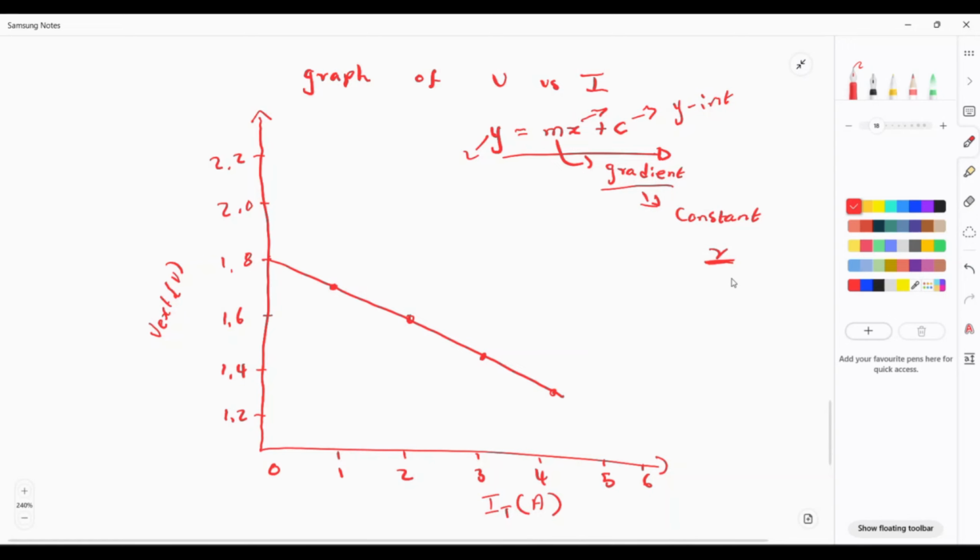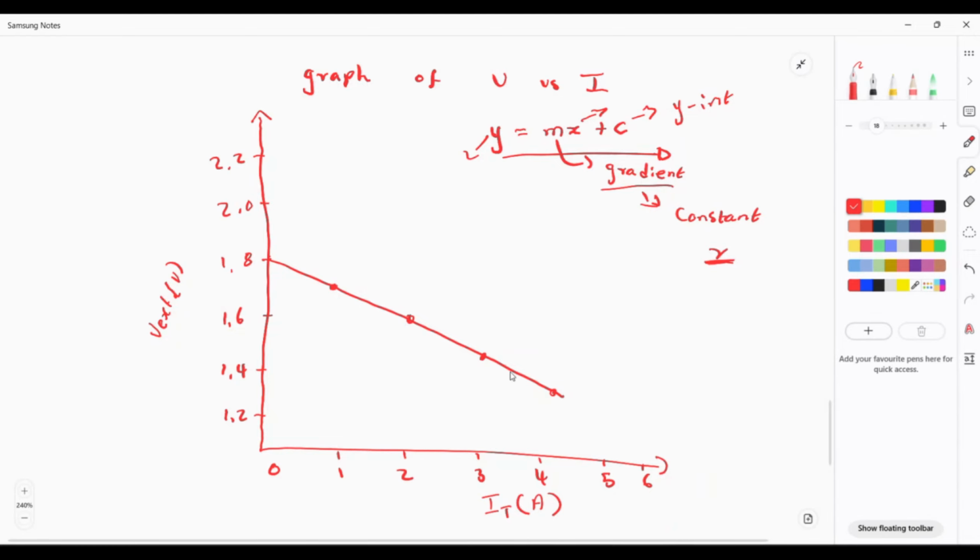If the battery can provide 12 volts, I can never change that. That is the maximum energy it can ever provide. So EMF remains constant, and you need to identify which one is your gradient. Your gradient is the internal resistance.